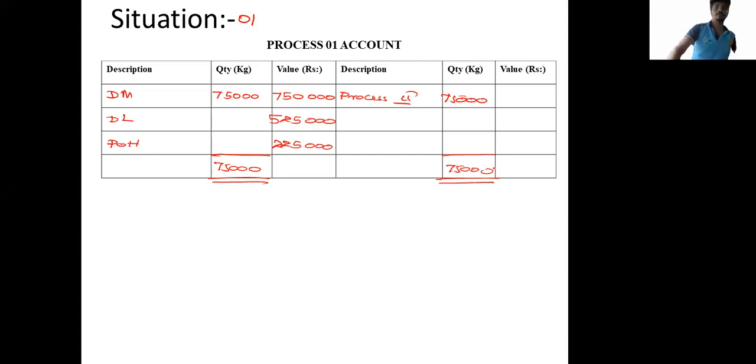Now we need to calculate the cost of a processed unit.